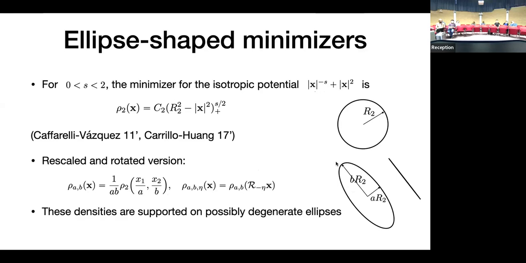So generally speaking, we have some candidate of the minimizers of this shape. And we also allow this kind of thing to be degenerated, that is, taking the limit like A goes to 0 or B goes to 0. In that case, we get some one-dimensional distribution, which can be viewed as a weak limit of those ellipse-shaped distributions.